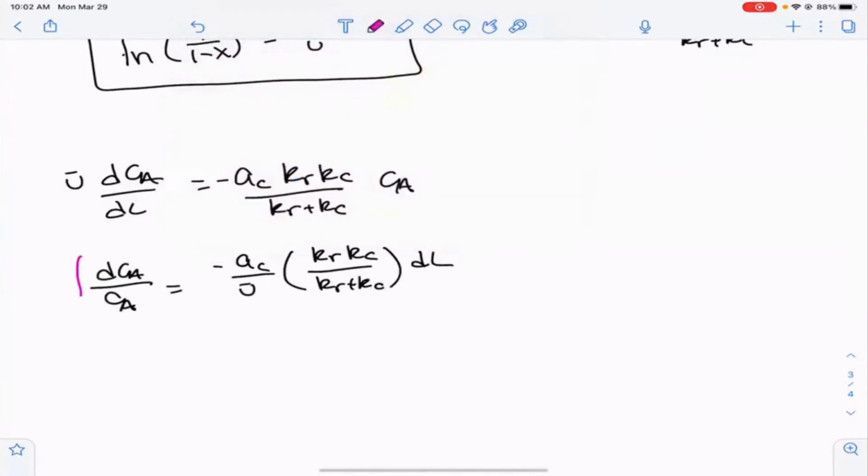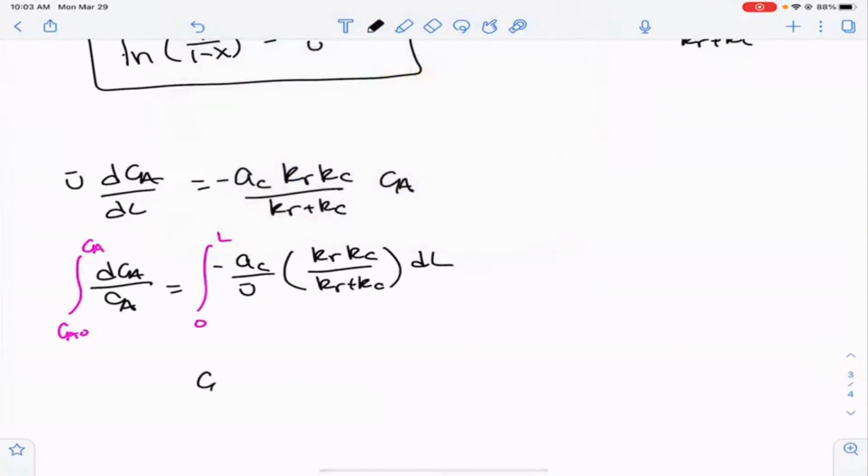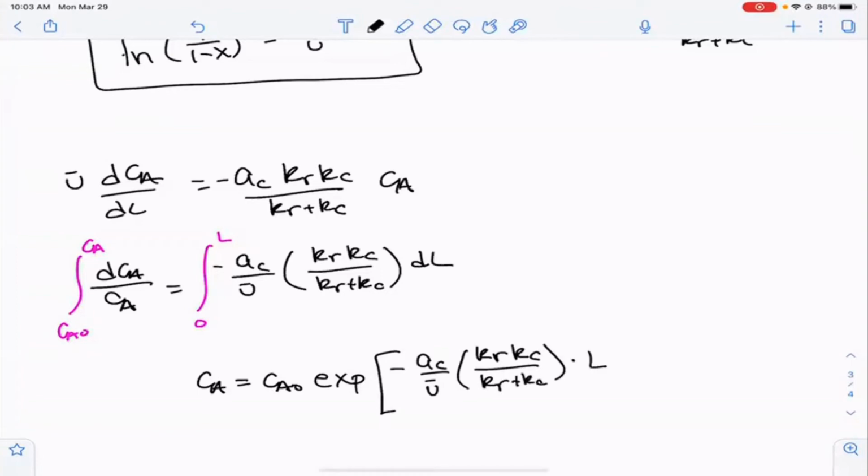We'll do the exact same integral we just did from CA0 to CA, and from 0 to L. If you look at the solution, CA is equal to CA0 times the exponent of minus AC over the linear velocity times KR KC over KR plus KC times the length.